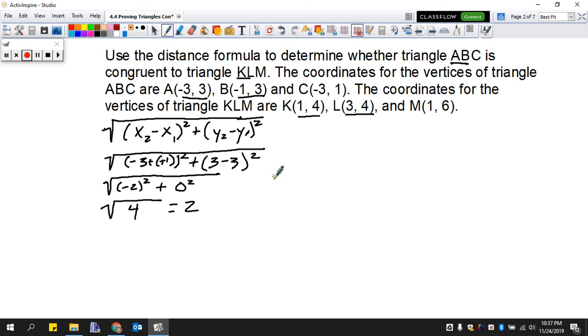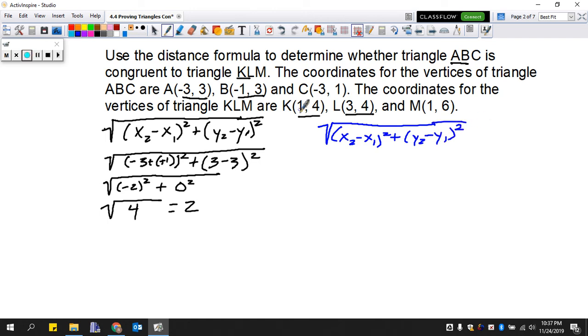Now using the blue for KL, we're going to use the distance formula: x2 minus x1 squared plus y2 minus y1 squared.